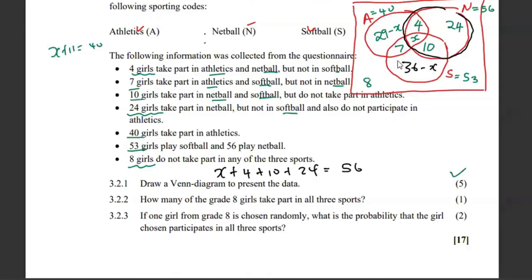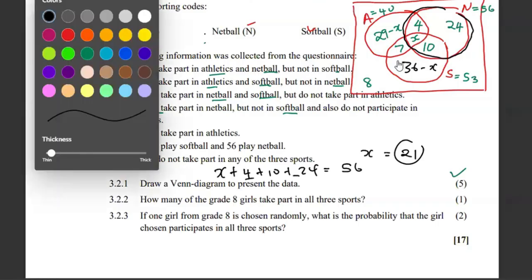Then we know that this is a 34, that's going to be 38. So 56 minus 38 gives me 21. Meaning X is going to be 21. That is what I'm ending up with.